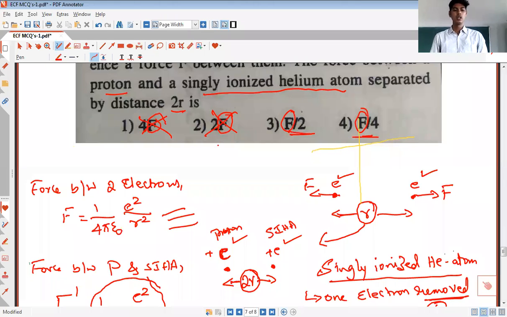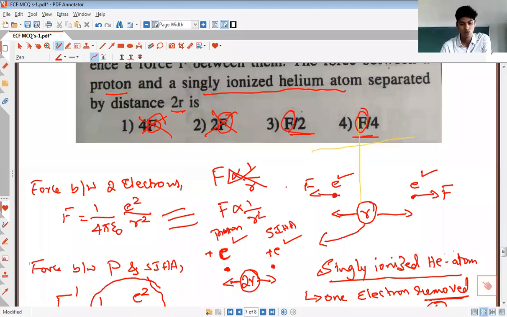So you need to decide: is force inversely proportional to r, or is force inversely proportional to the square of r? Force is not inversely proportional to r. Instead, force is inversely proportional to the square of the distance.